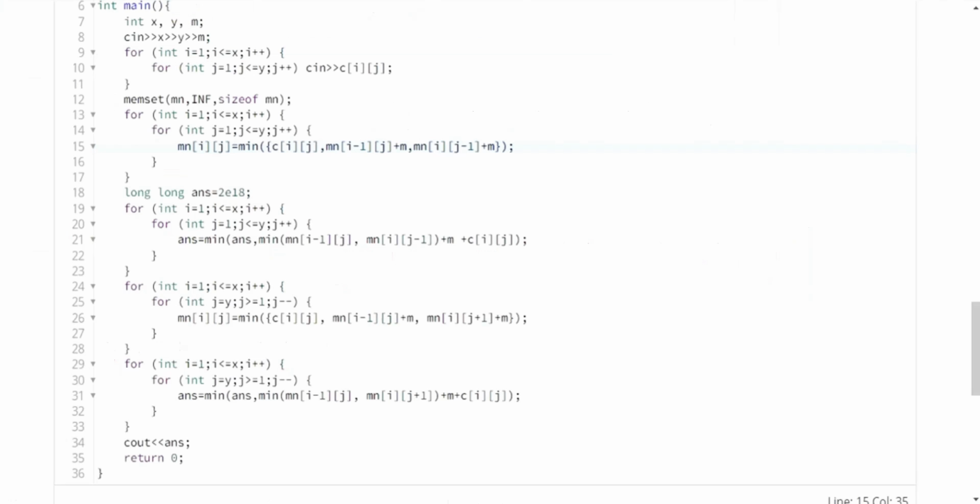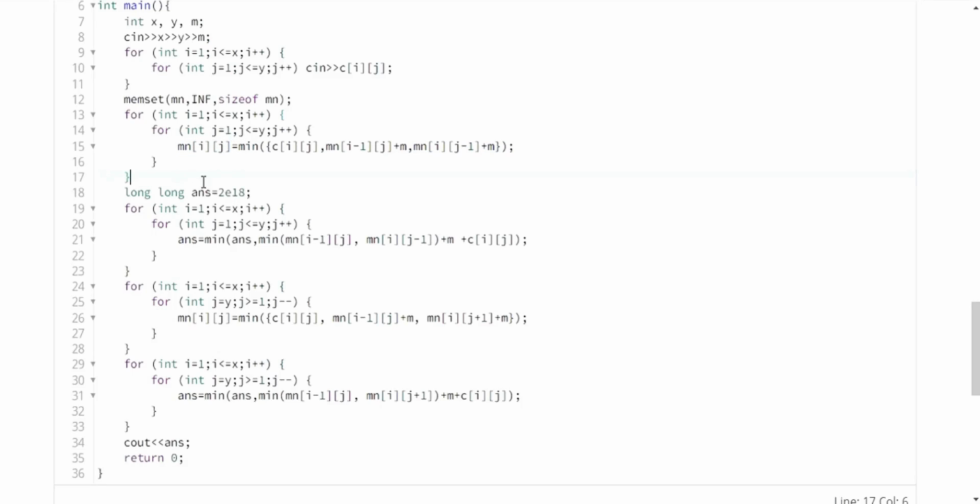In that case, we'll be having this particular expression. So Mn of i minus 1 and j, which indicates you are coming from the upward direction, plus m. Similarly, if you are coming from the leftward direction, then this will be your expression. And likewise, we are considering the minimum value out of it to be initialized to Mn of ij.